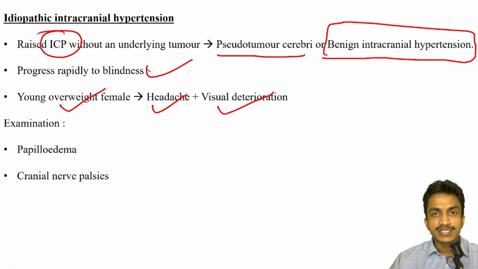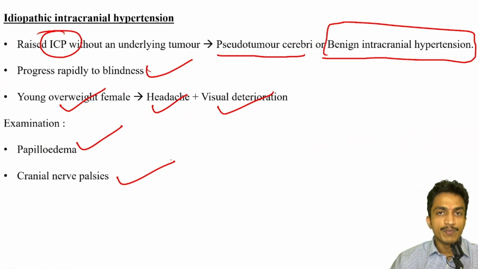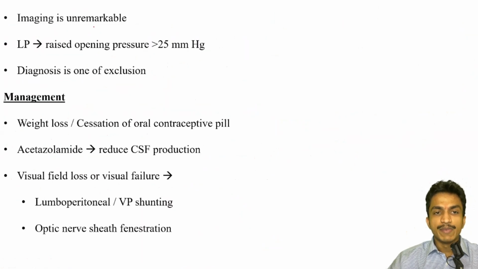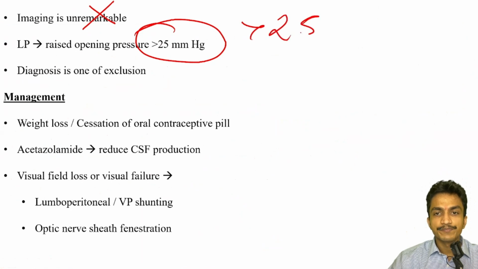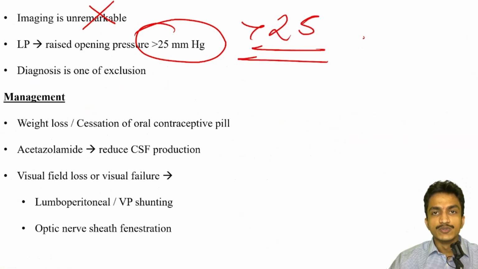On examination, papilloedema will be there, and there can also be cranial nerve palsies. On imaging, as I told, there will be no features because it is idiopathic without any cause. In lumbar puncture, there will be raised pressure, usually about 25. And diagnosis is usually one of exclusion.